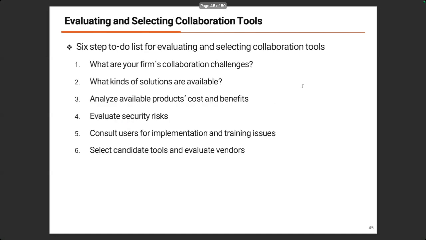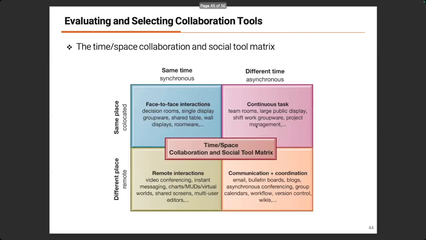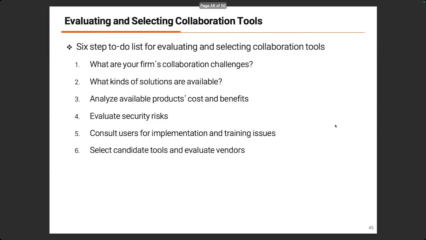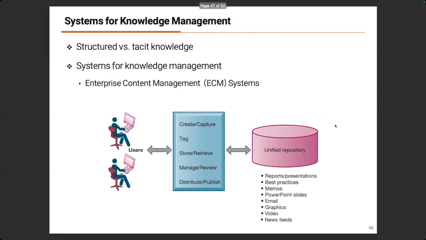So these are the 6 steps to-do list for evaluating and selecting collaboration tools. You can follow these steps to choose the right and appropriate collaboration tool by using this framework.